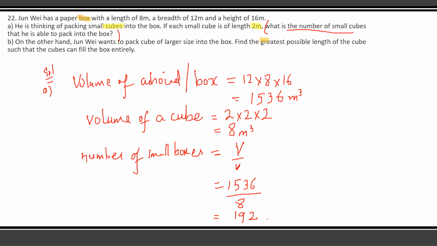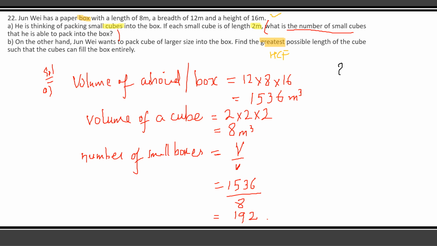By this word you can understand that he is asking us to find the HCF. So the HCF of these numbers 8, 12 and 16. This was what he had given us in the very beginning, right? The length, the breadth and the height of the box. So let's use these to find the HCF.